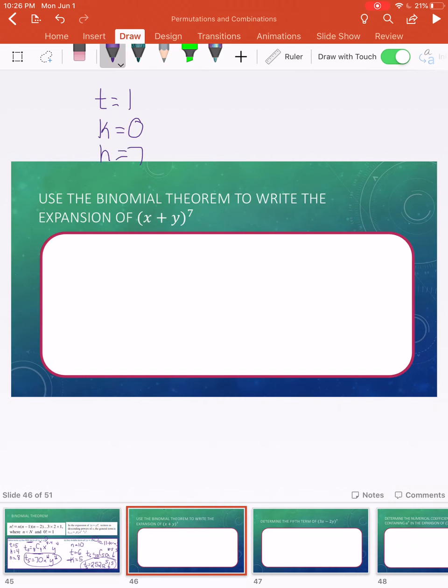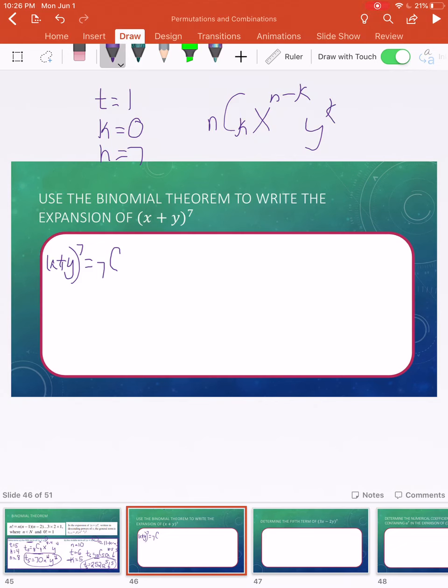So I'd have (x plus y) to the power of 7 equals, my first term is 7 choose k, x to the power of n minus k, y to the k.